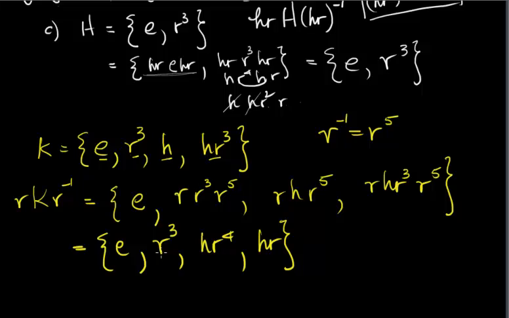This is conjugating K by an element outside of K, and in this case, we get a different 4-element subgroup. The conjugate subgroups will have the same order as the subgroup that you're conjugating, but they often will not be the same subgroup. Sometimes they will, as you see in these examples.